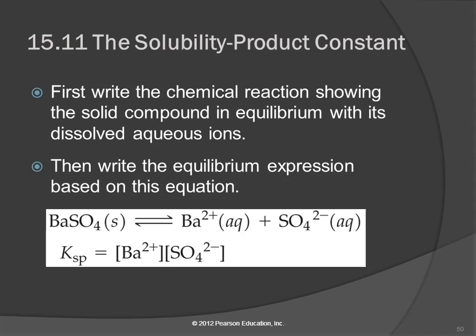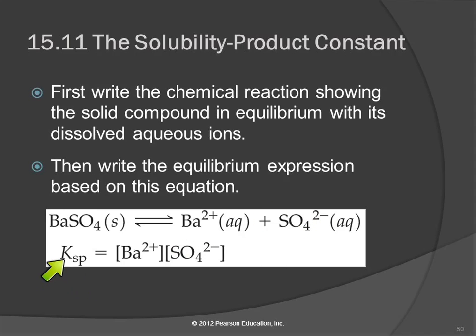So here's an example. First, what you need to do is write a chemical equation showing the compound dissolving. So here's barium sulfate. It's a solid, and we'll show it in equilibrium with the two ions that are present. Now barium sulfate, when we divide it up, we've got barium 2+ ion and sulfate 2- ion.